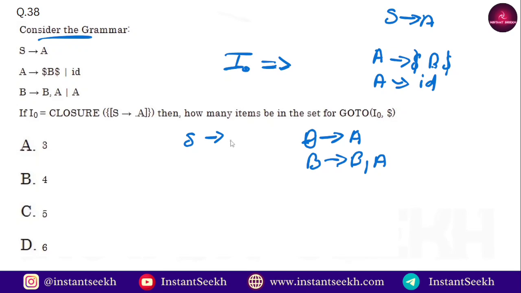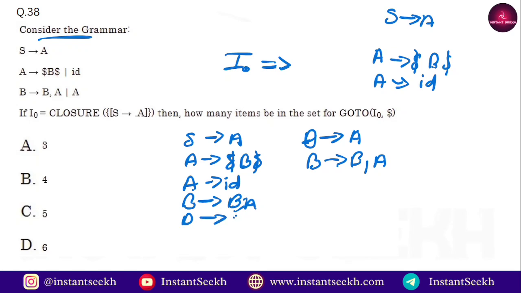So the number of items will be: first you can consider S to A, second A dollar B dollar, third A to ID, fourth B to B comma A, and fifth B to A. So how many total items have we identified?